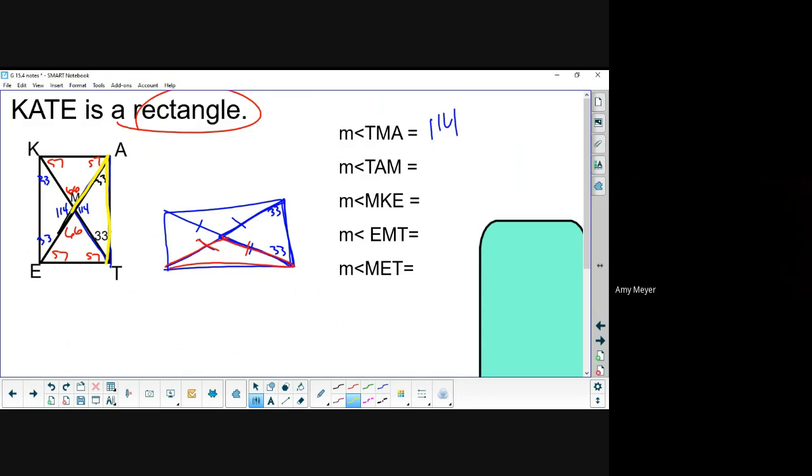You don't have to always do the full thing, but if it helps you, I can see that that angle is 33. You're not going to be able to see it, so write it down. MKE, also 33.